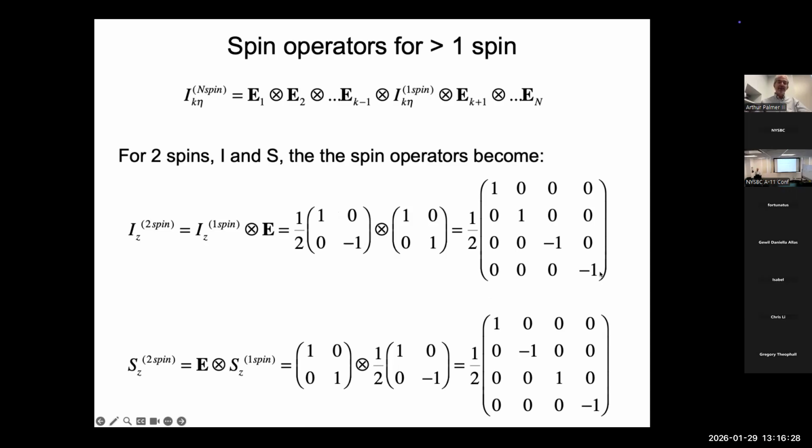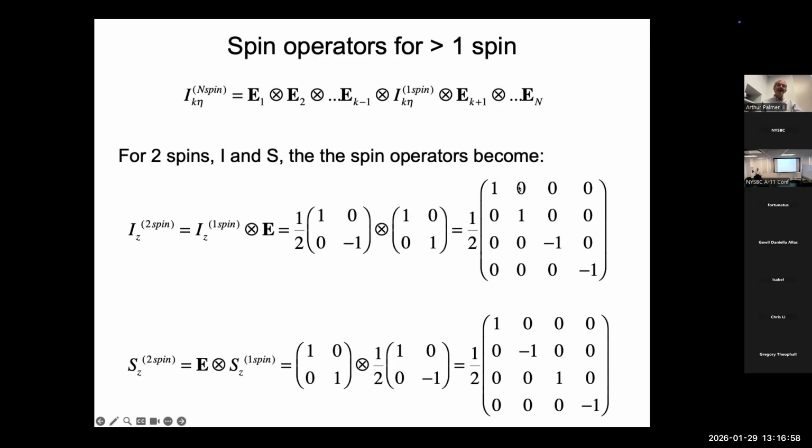What does this mean? Well, remember my indices change from right to left. This is the alpha alpha state. Here's the alpha beta state. Here's the beta alpha state. Here's the beta beta state. So both of these states, the I spin, the leftmost designation is the alpha. And here the leftmost designation is beta.